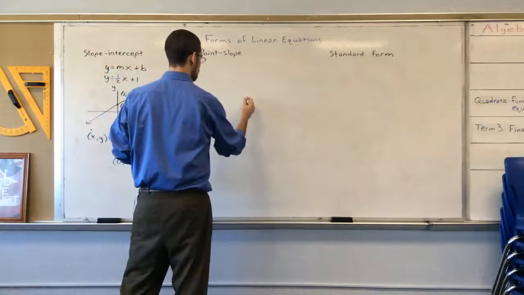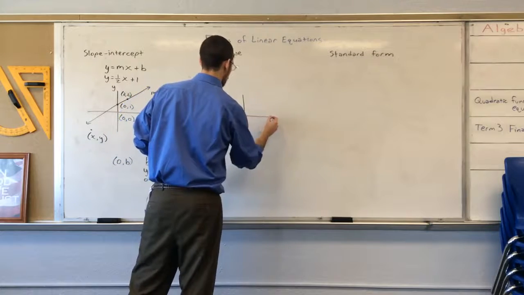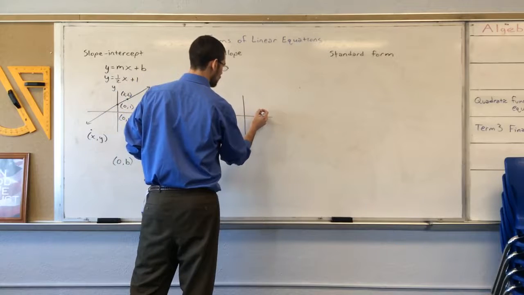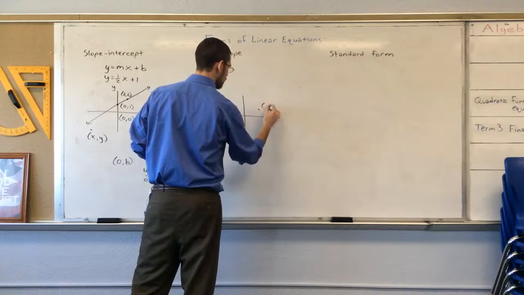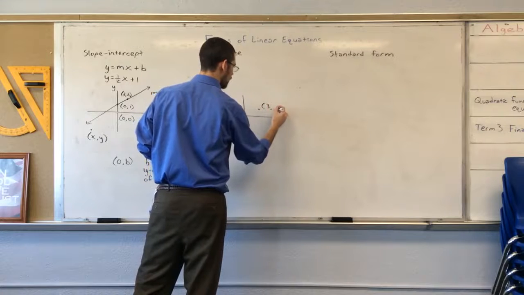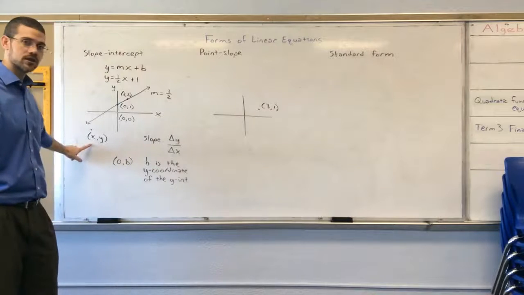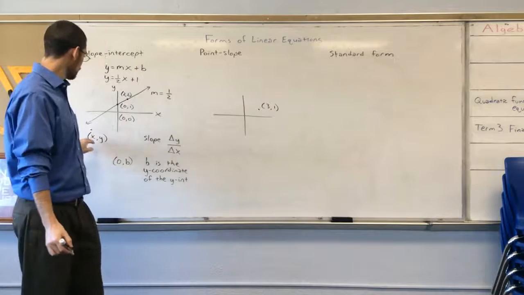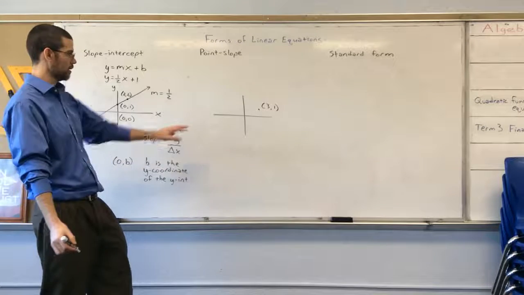Okay, so let's take the example where we know some point. Let's say that we know this point over here is 3, 1. Okay, and remember, any point in the coordinate plane can be indicated by coordinates x, y.